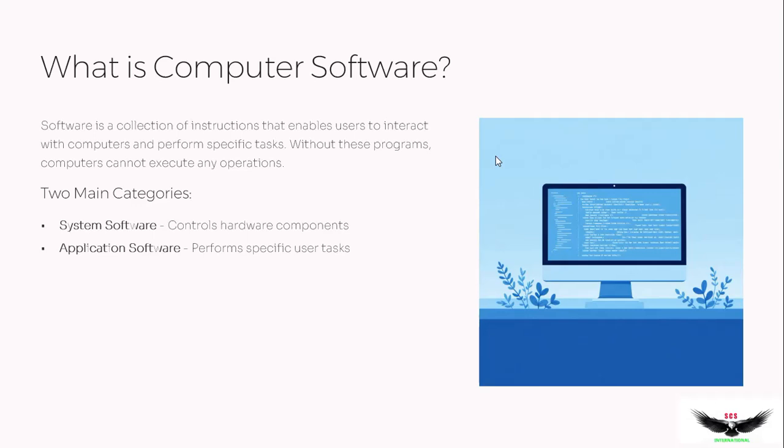Two, we have application software. Application software performs specific user tasks. If I want to type a certain document, there is a specific application software I have to use.